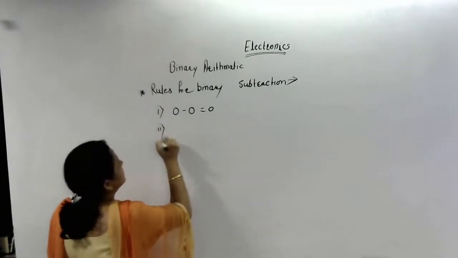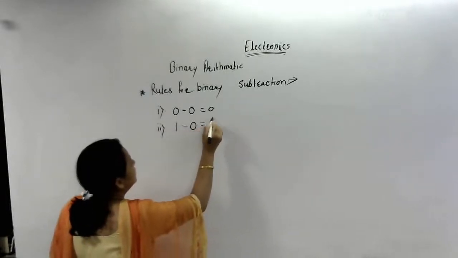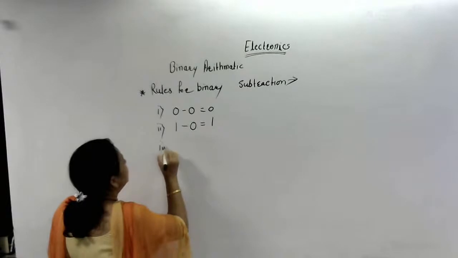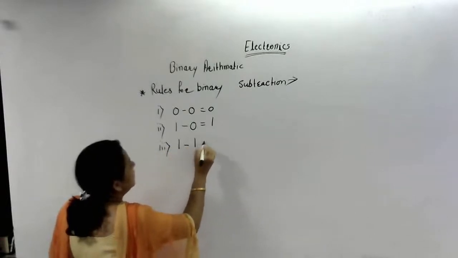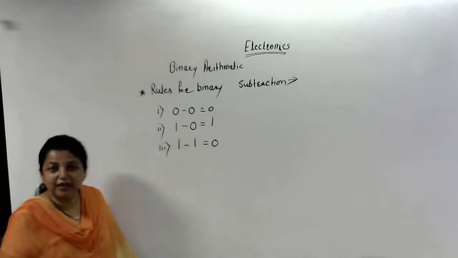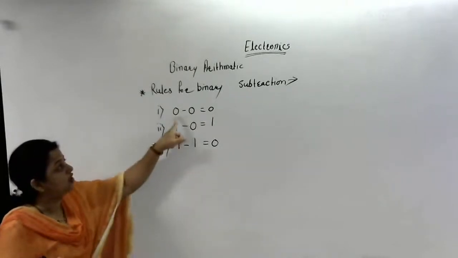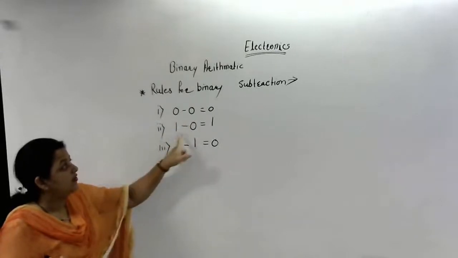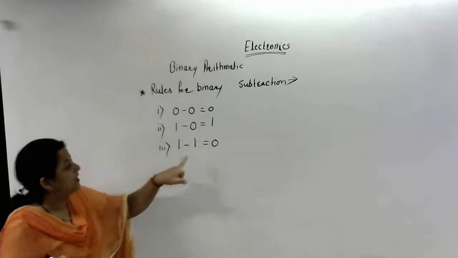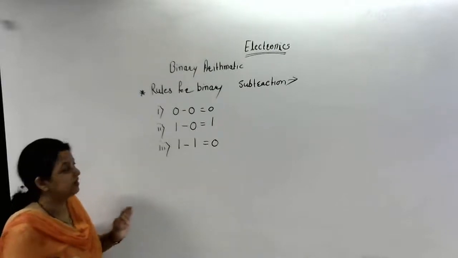Second one, 1 minus 0 equal to 1. Third one is 1 minus 1 equal to 0. All three are similar to your decimal subtraction. In decimal subtraction also, 0 minus 0 is 0, 1 minus 0 is 1, and 1 minus 1 equal to 0. These three rules are similar.